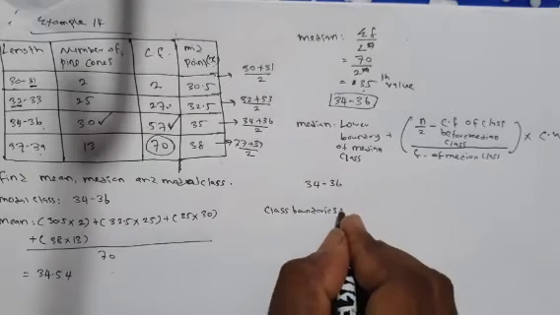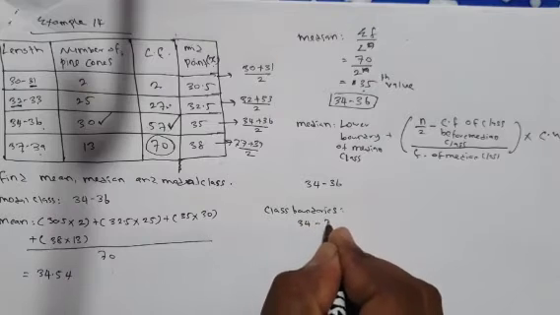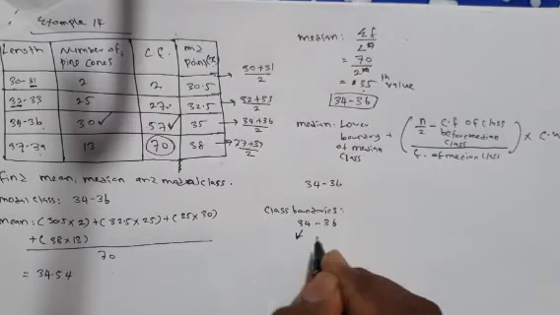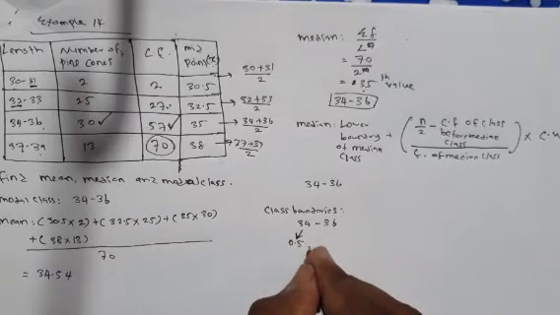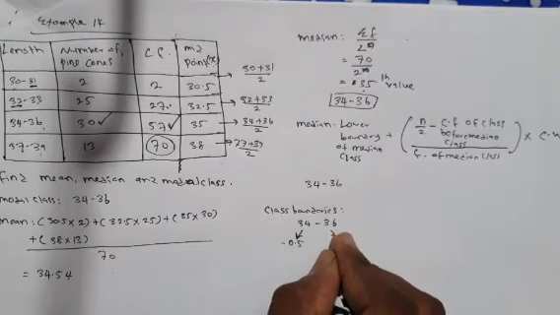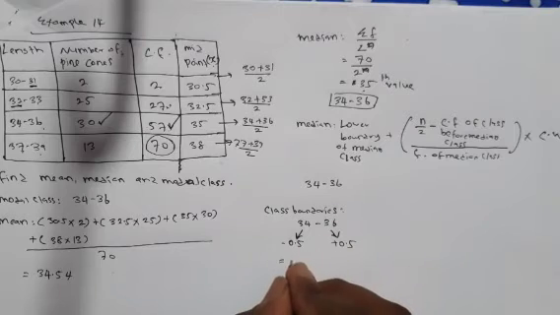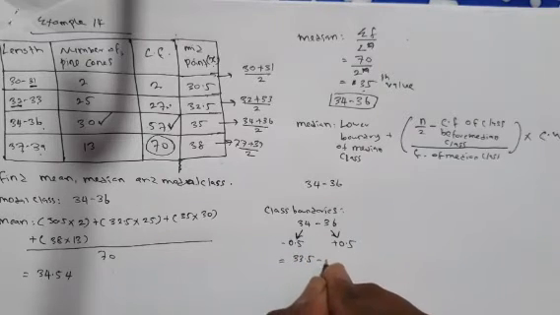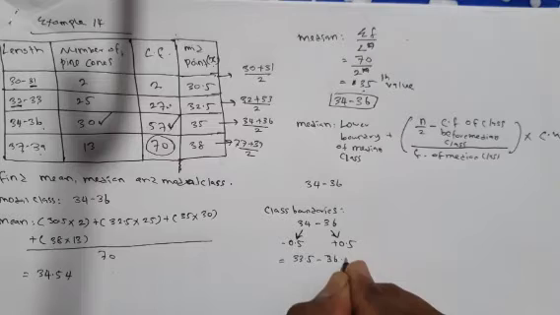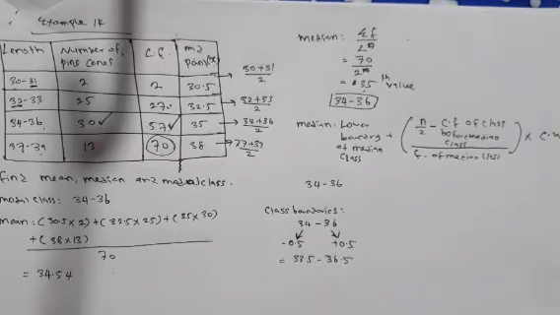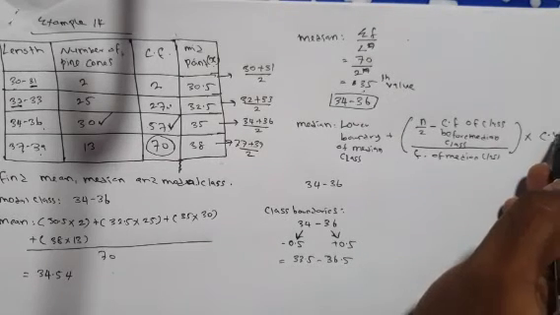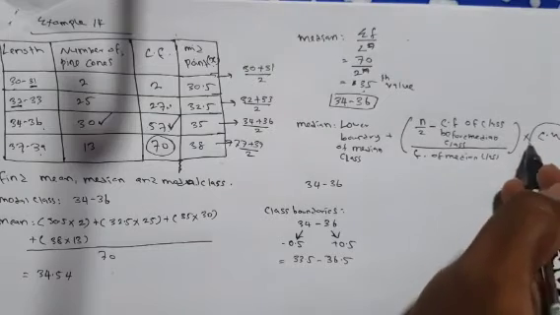How do we find class boundaries? For 34 to 36, from the lowest value 34 we subtract 0.5, and to the highest value 36 we add 0.5. So our class boundaries are 33.5 to 36.5, right?